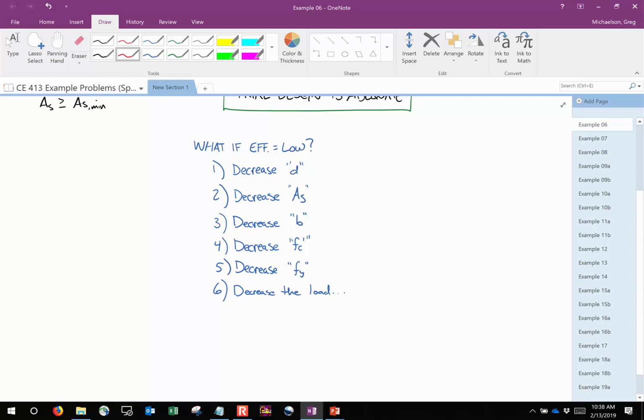When I say the efficiency is too low, what I'm really saying is the beam is too strong. That's what I mean when I say the efficiency is low. I'm saying the beam's too strong. In other words, we need to back it off a bit.